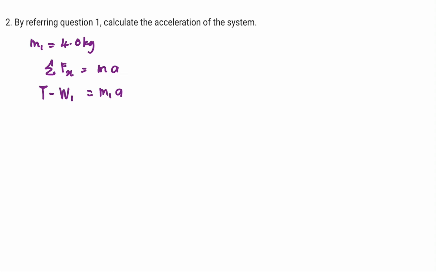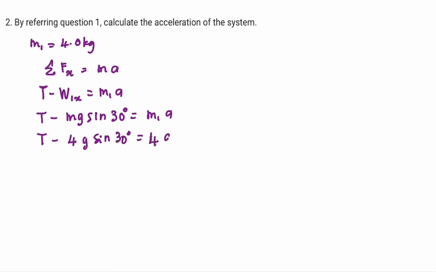Your W1x is mg sine 30 degree, so T minus mg sine 30 degree equal to m1a. Substitute values: T minus 4g sine 30 degree equal to 4a. So this will be the first equation.